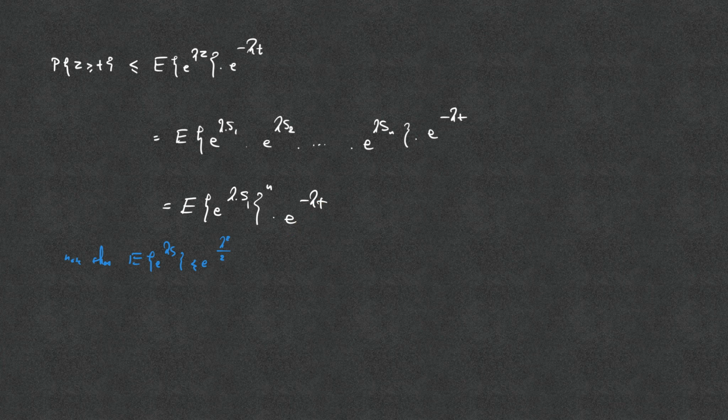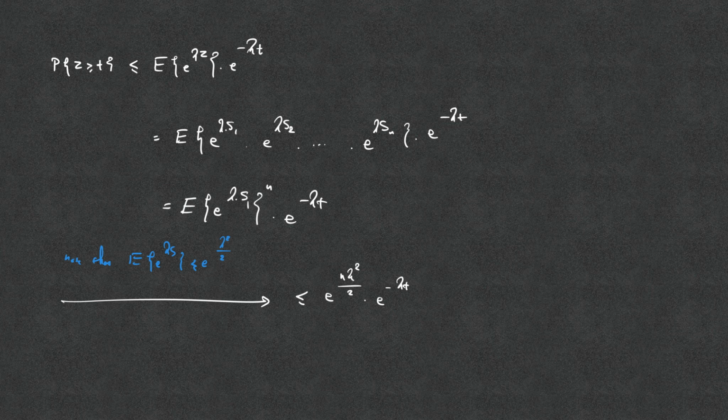Now, note that we just showed that E[e^(λS)] is less than or equal to e^(λ²/2). Using this, we get the upper bound (e^(λ²/2))^n, which becomes e^(nλ²/2) times e^(-λt).